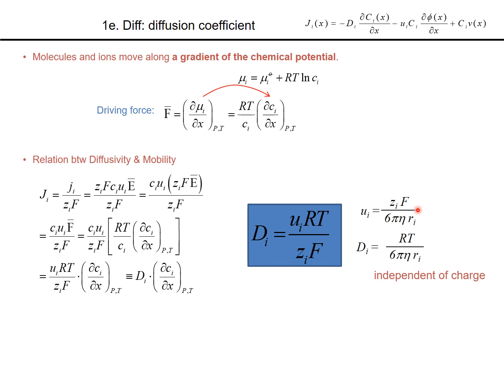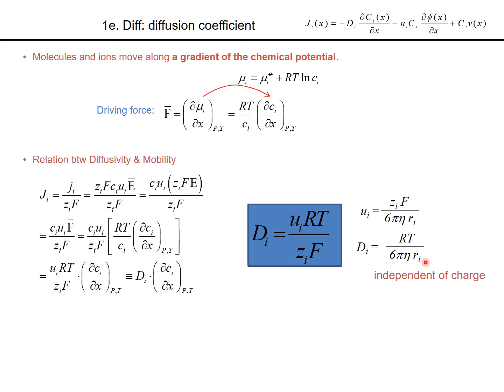So after putting the mobility equation into the diffusivity definition, diffusivity of species i is equal to RT, some constant, per 6 pi viscosity of your solvent with the size of your charged particle or ions.